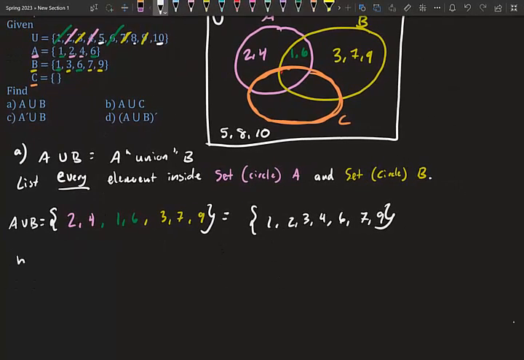Alrighty, B. B is A union C. So we're not looking for what they have in common.